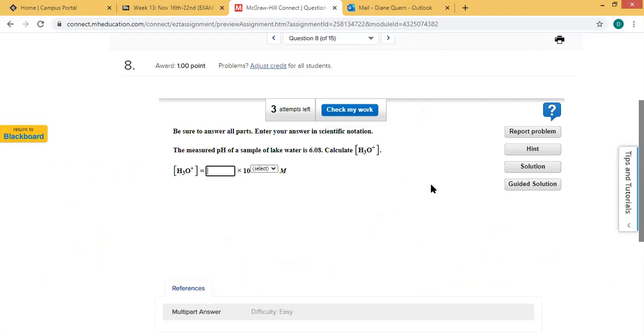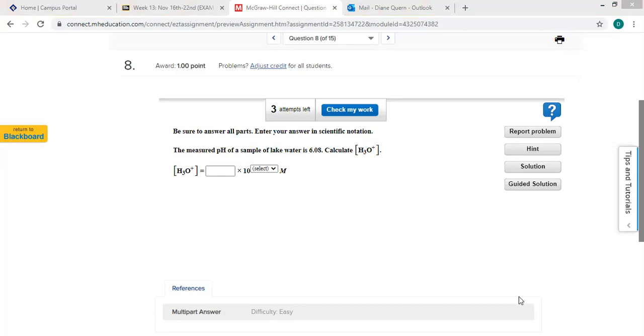So here it's the same type of question, asking you to solve for the concentration of the protons, but this time they're giving you the pH. Okay, so they're saying the pH is 6.08. So you do have this equation on your equation sheet, and you will need to know how to do one like this for the exam, and probably the final as well.